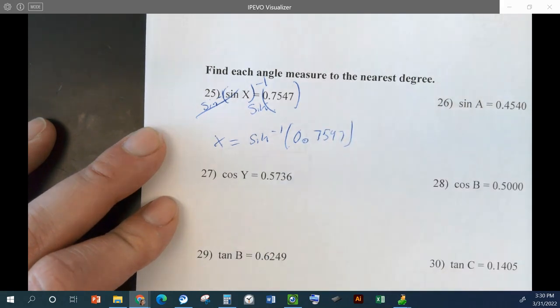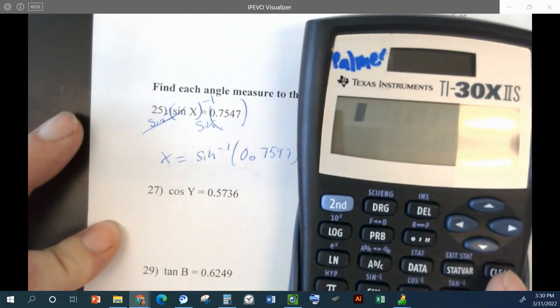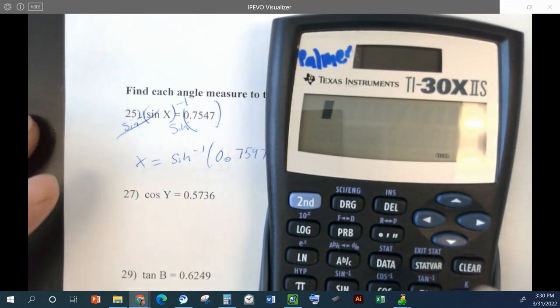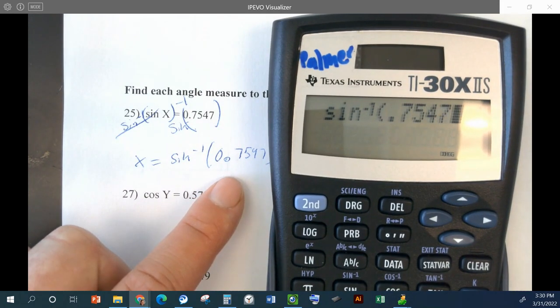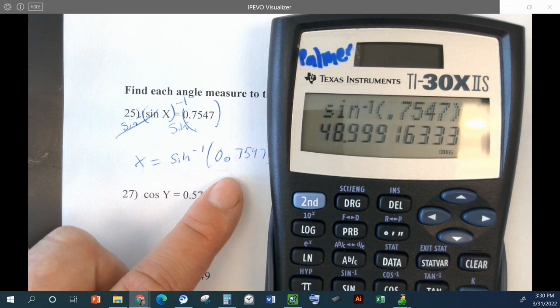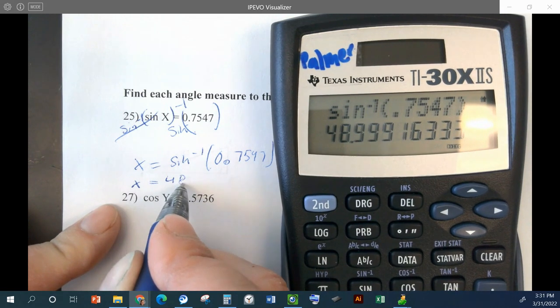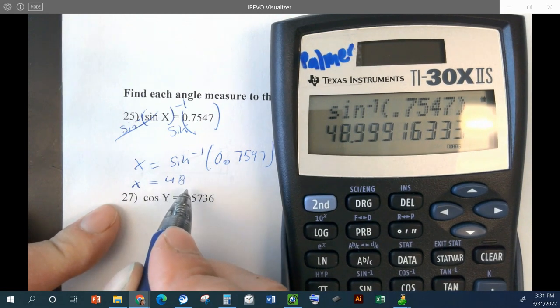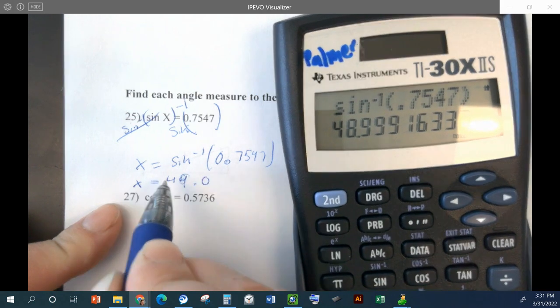So this one you just have to plug in your calculator. So we just do second sine inverse of 0.7547 and parenthesis, enter. So x is 48.999. So let's round up. Let's do 49.0.